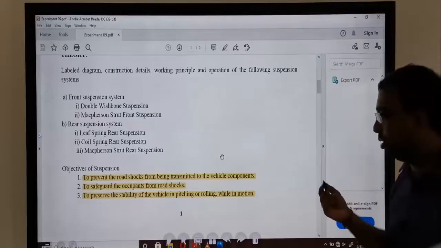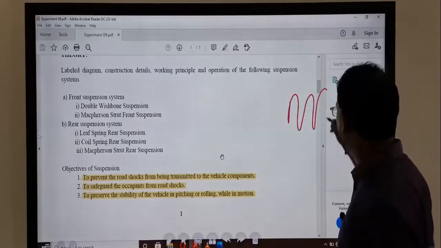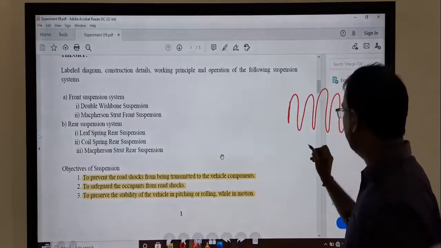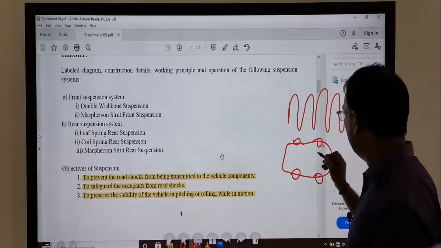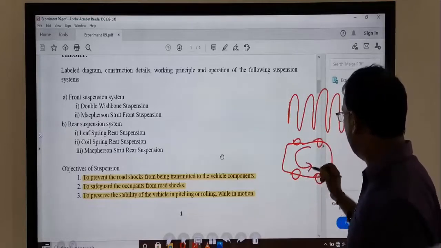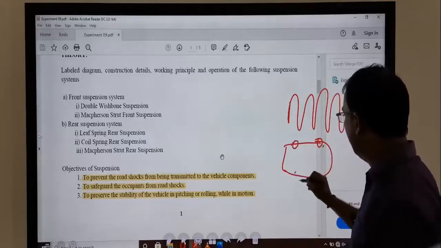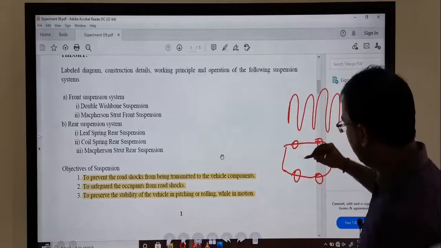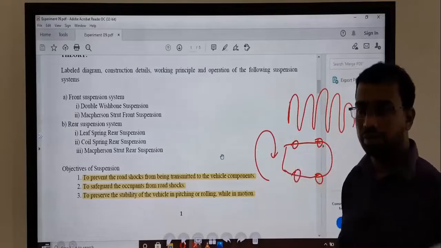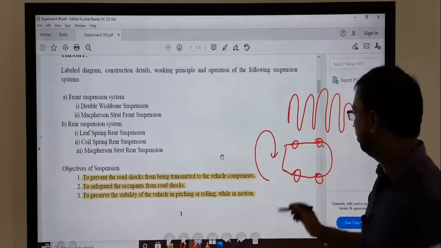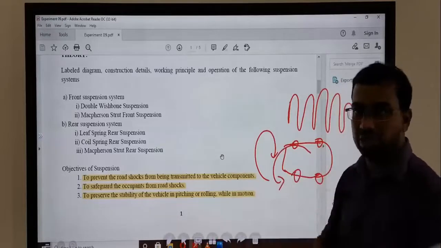The stability, the balance. Pitching means the vehicle moves like this, like a bumper. Rolling, from the top view, means the vehicle, when there is an accident or anything, is rolling like this, side to side, or sometimes rolling like this, from the front side.